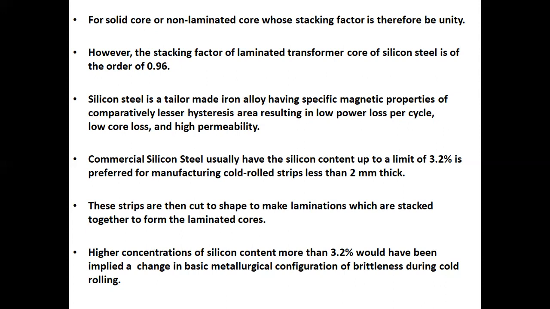Higher concentrations of silicon, more than 3.2%, would imply a change in basic metallurgical configuration, causing brittleness during cold rolling. That is the reason silicon content should not exceed 3.2%.